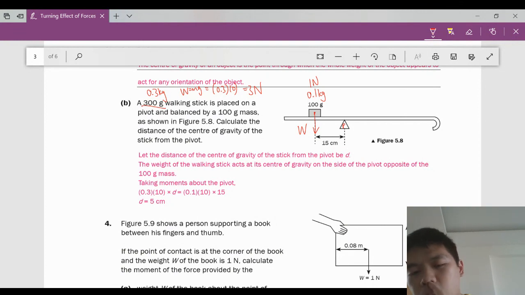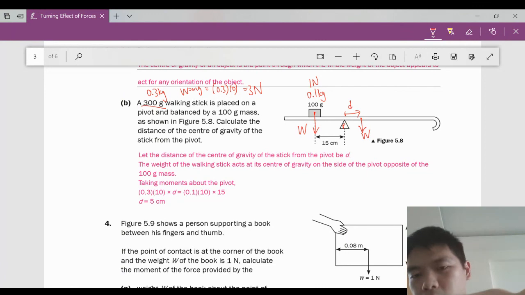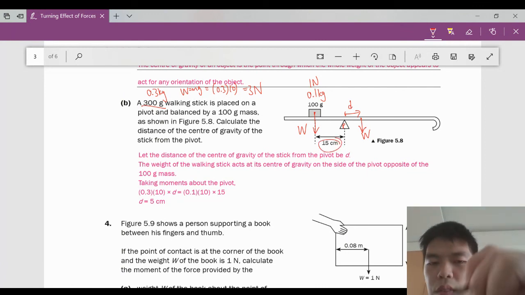That means the center of gravity is maybe a center, may not be a center, we do not know. So let's just roughly place center of gravity here. Center of gravity means the weight will act on it. So this is the weight of the walking stick. And the weight of walking stick is somewhere here. The distance from here to here, let's give it as D. And the other distance is 15.